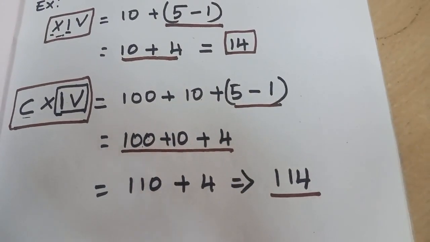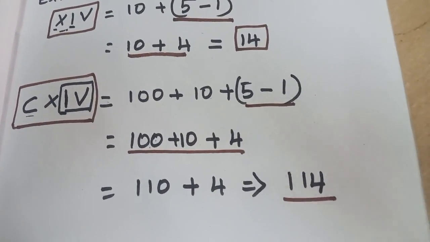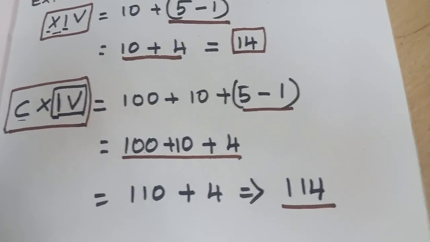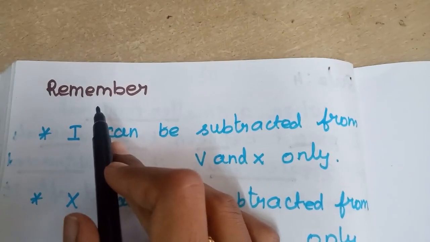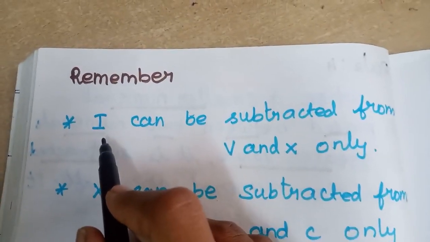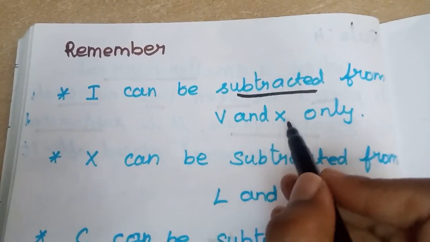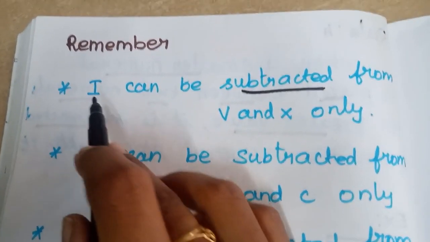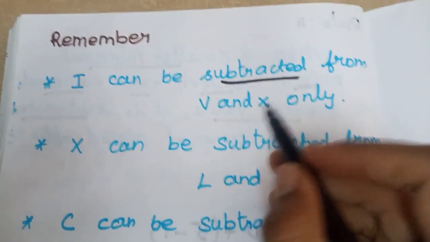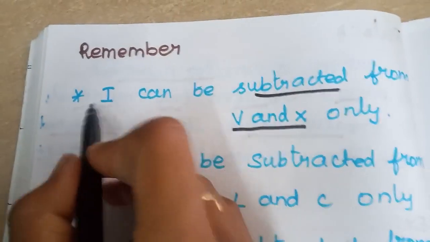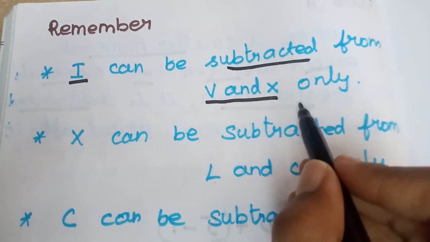Okay. Next, a few more points are there. Let's see. Okay, so these are the points to remember. I can be subtracted from V and X. So I means 1. So 1 can be subtracted from 5 and 10 only.